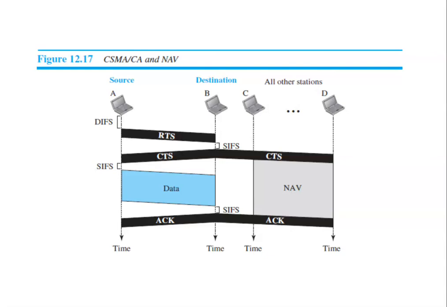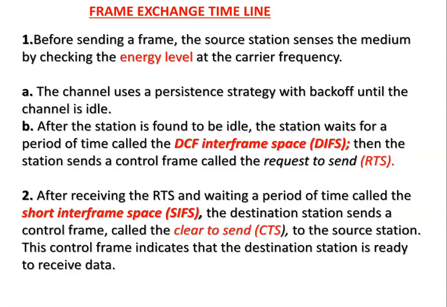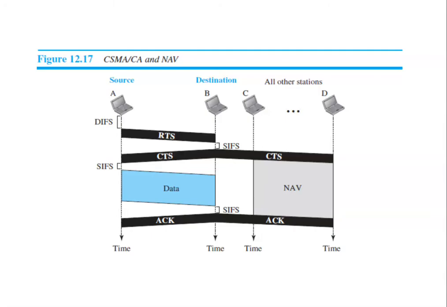First, after waiting for a time DIFS, request to send is sent from A to B, and the destination device sends clear to send in return, which is a control frame indicating that destination B is ready to receive the data. After a time interval of SIFS, short interframe space, the data will be sent over the channel.